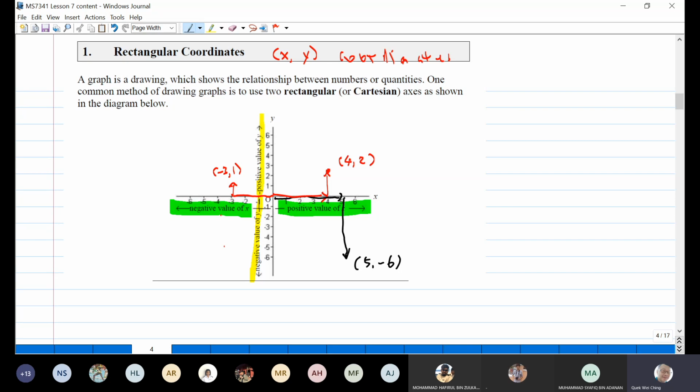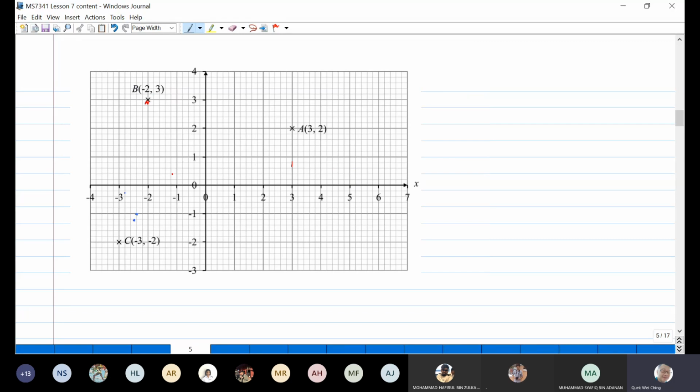So whenever you need to draw a graph, we have this kind of graph paper. Okay, locate the point. Next one also shows you more points. This one gives you more examples. So for example, I want to find the point A. A is (3, 2). So you look at the notes there.